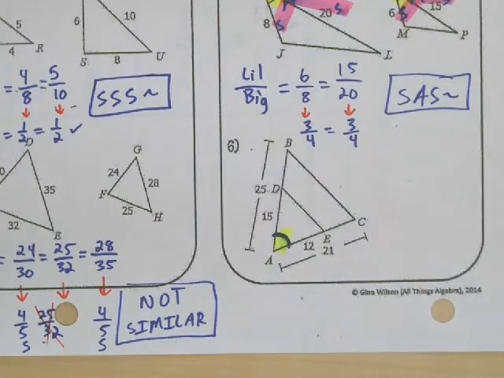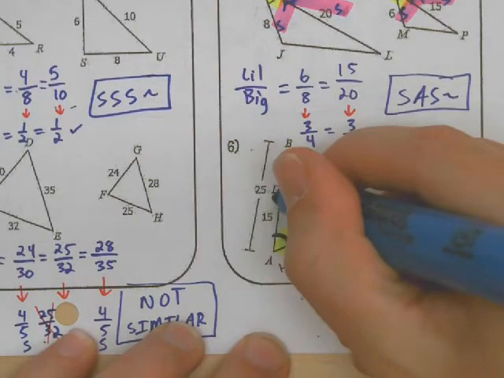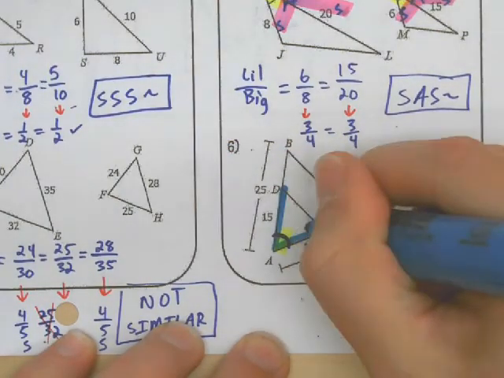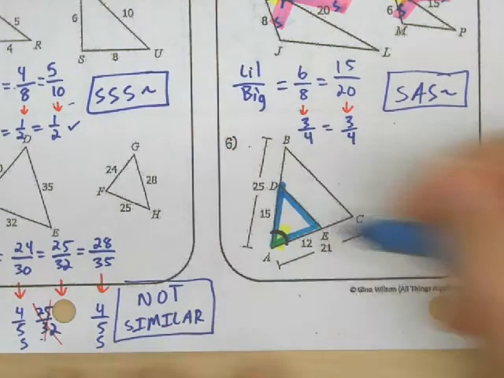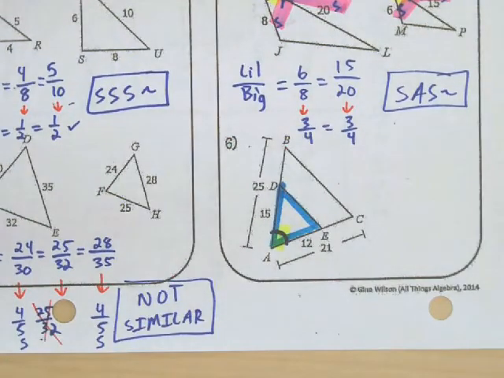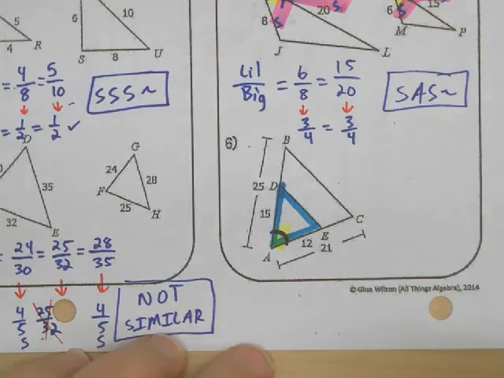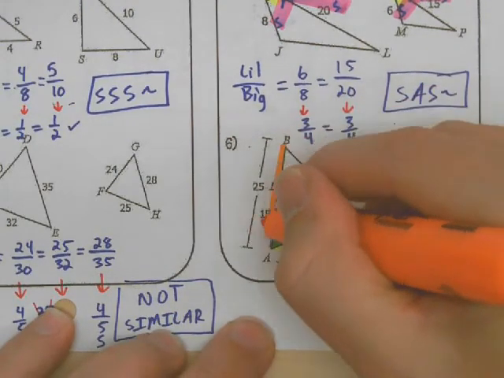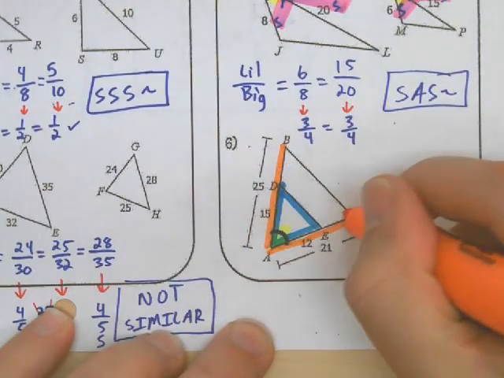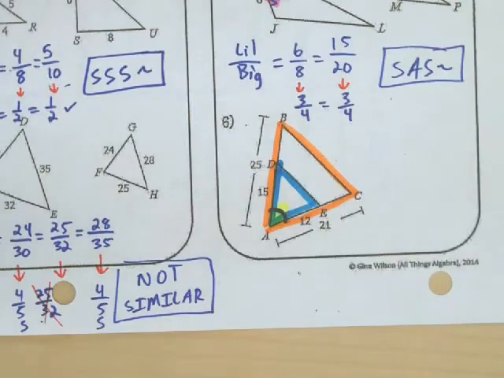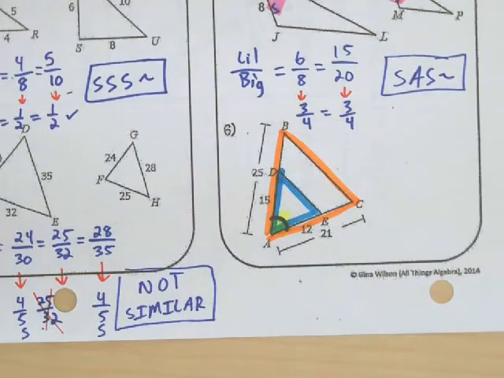The first triangle pictured is triangle ADE, and the second triangle pictured is triangle ABC. So you see both of them have that shared angle, angle A.